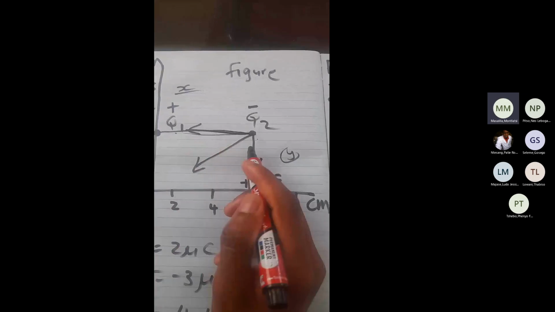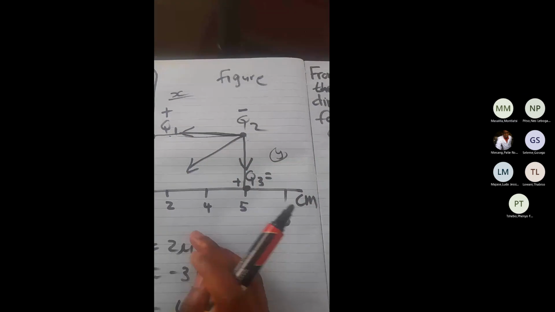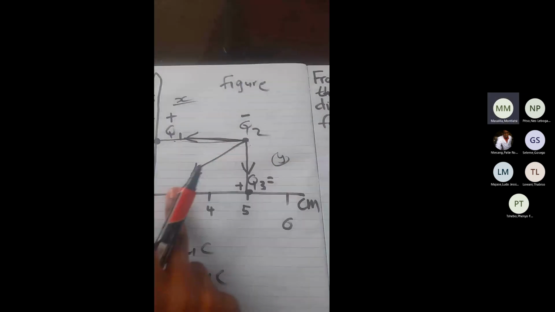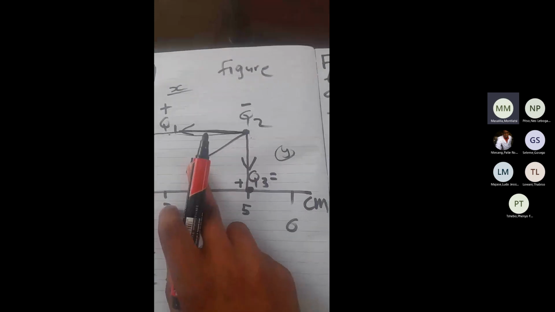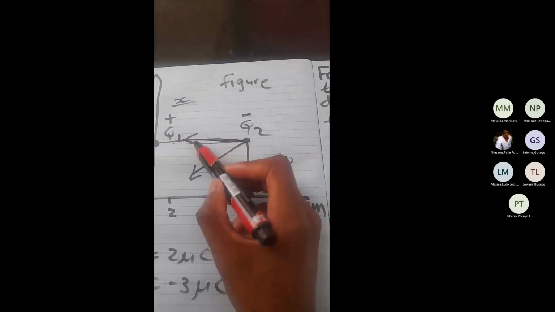So we said that when a force is acting like this and like this, the magnitude is this one, which we like to call the resultant. But why did I choose to draw the arrow like this?